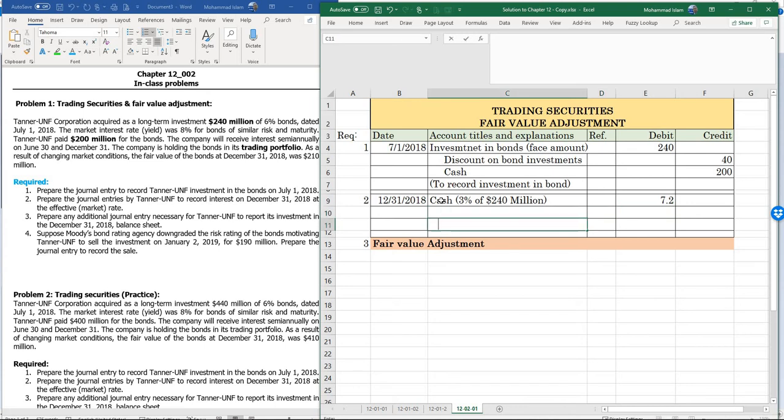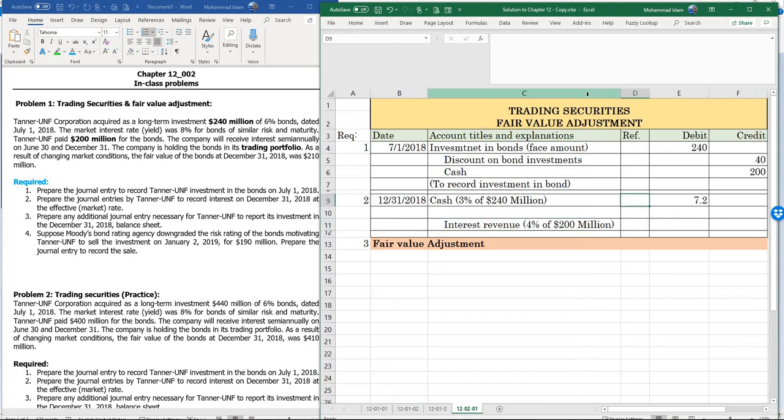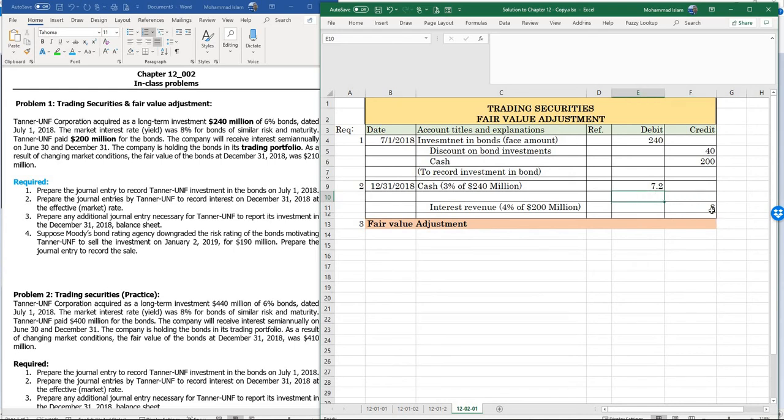And the effective interest revenue would be 4% of 200 million, so 200 multiplied by 0.04 is 8 million.